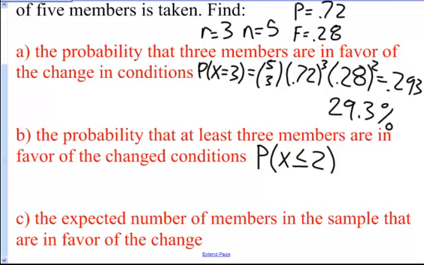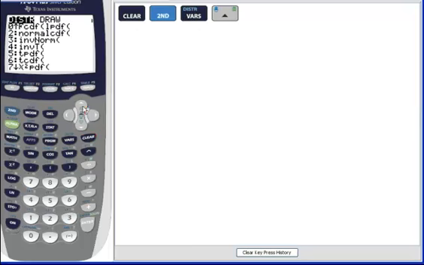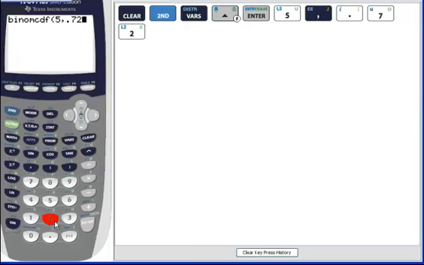Okay? So if you go to your calculator, we can do second variables, and use the binomial cumulative distribution function. We have 5 trials, our probability of success is 0.72, and we want to add up until we get to 2.